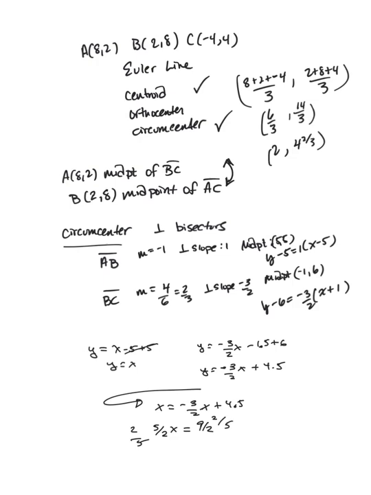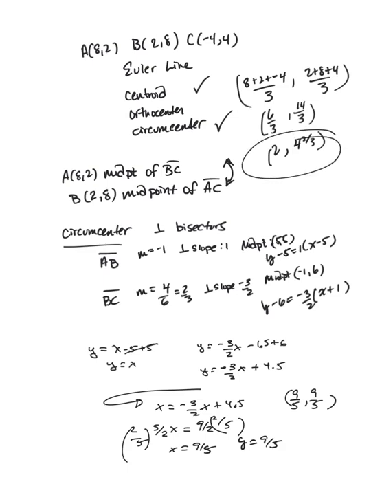So we end up with 9/5. So x is 9/5, which means y is also 9/5. Okay? So your circumcenter is (9/5, 9/5).